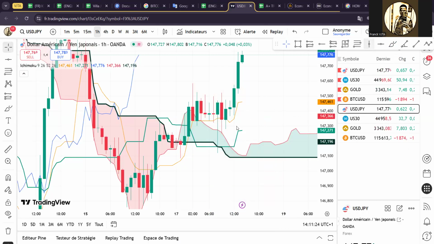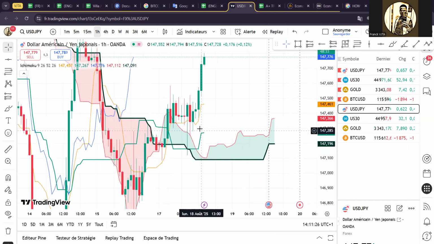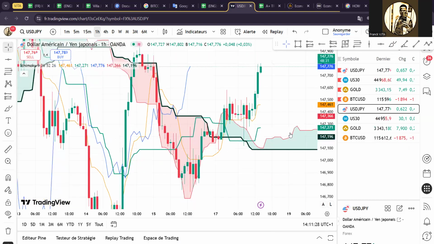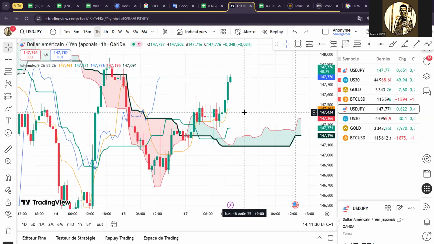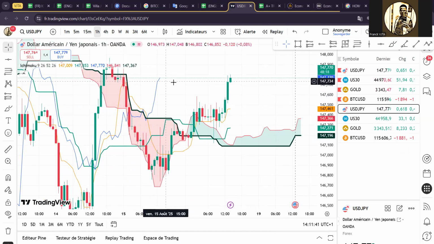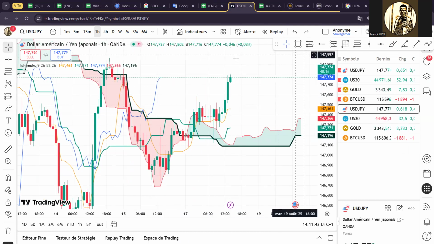But that's not what I want to show you. I don't want to be making Fibonacci all the time. Don't use Fibonacci. Ishimoku has all. Don't stress yourself. Ishimoku has RSI also. Those five lines are for a reason. But let me show you what I want to show you now.